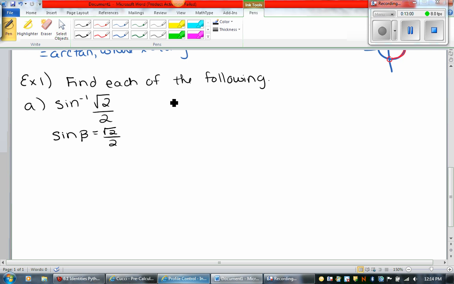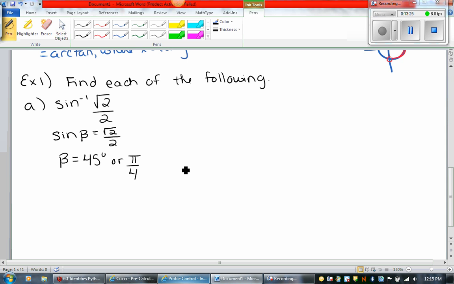So, when is sine equal to square root of 2 over 2? Well, you should automatically know that that's an easy one. That's an exact value. At 45 degrees, sine is equal to square root of 2 over 2, or π/4 in radians, which I need you to get used to because we're going to be doing mostly radians.